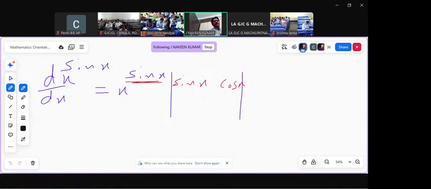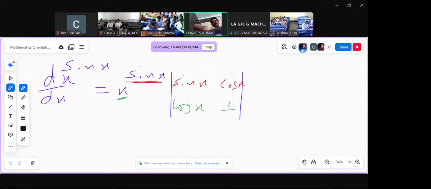Later, first function and derivative. Next take the base. For the base you can write the logarithm, whatever the base is, you can take the logarithm.